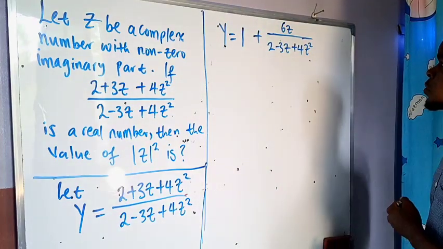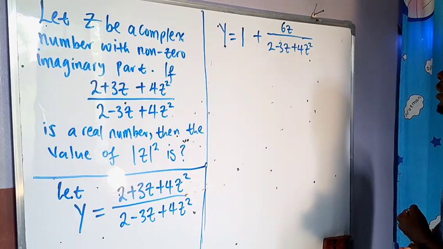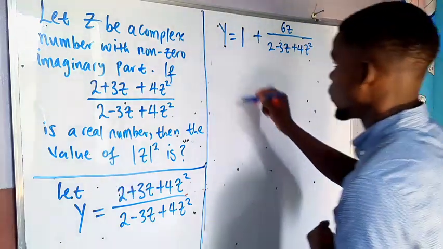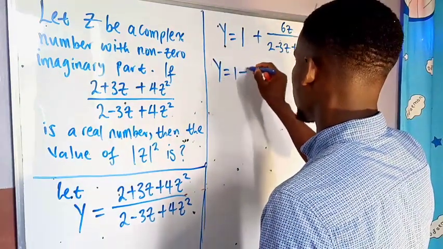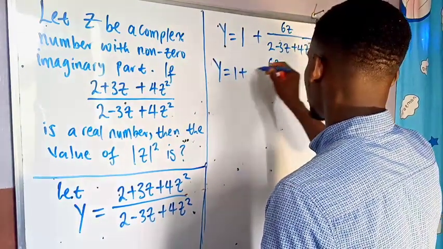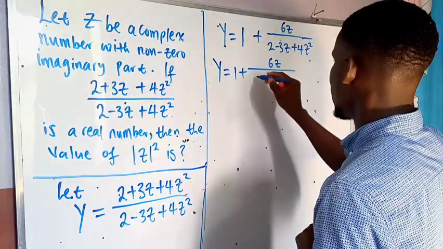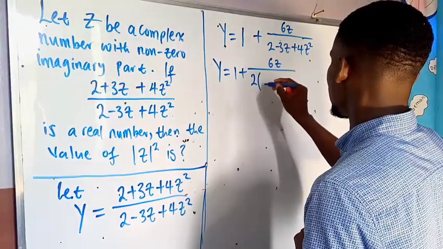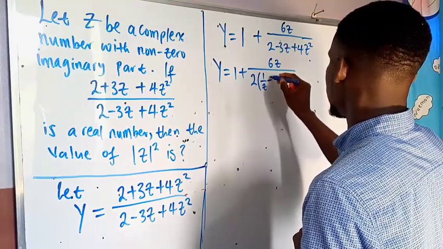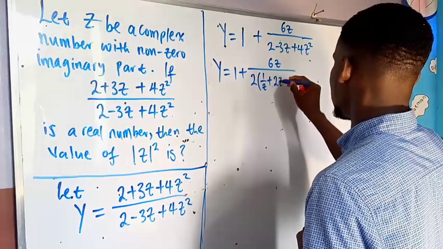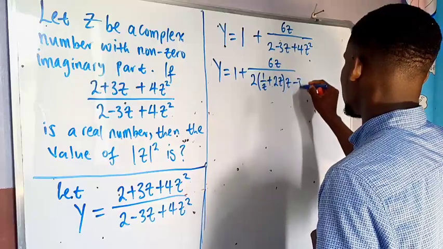Now on the right part of the fraction, I can factor z, and factor 2 where possible. So we have 1 plus, let's just maintain the 6z at the top, divided by, we take out the 2, 1 over z plus 2z, then we put z outside, and we subtract 3z from that.